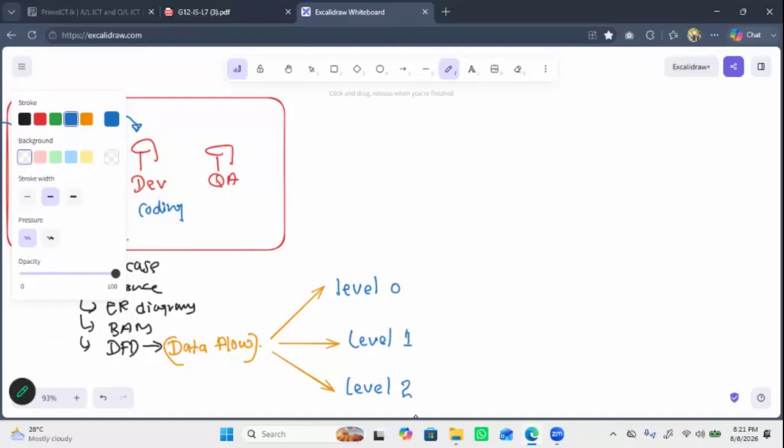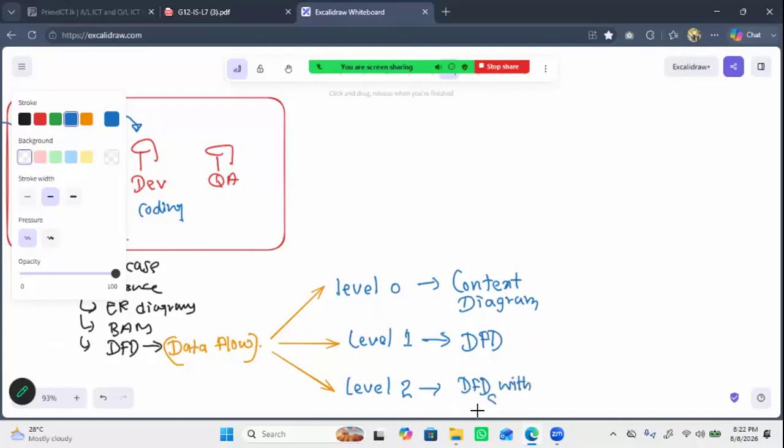Level 0 is the context diagram. Level 1 is the normal, high level DFD diagram. And level 2 includes DFD with sub-processes.